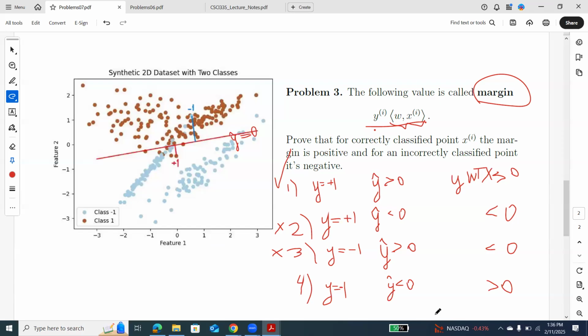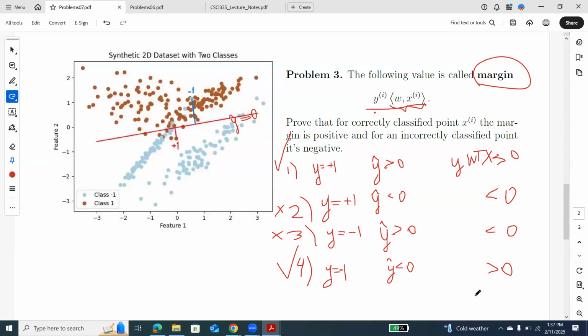That makes sense? So we proved that if we look only at this value, the true label times the model output, then when it's positive, our point is classified correctly. When it's negative, our point was classified incorrectly. And then we will talk about algorithm that maximizes this value and finds the best W based on that.